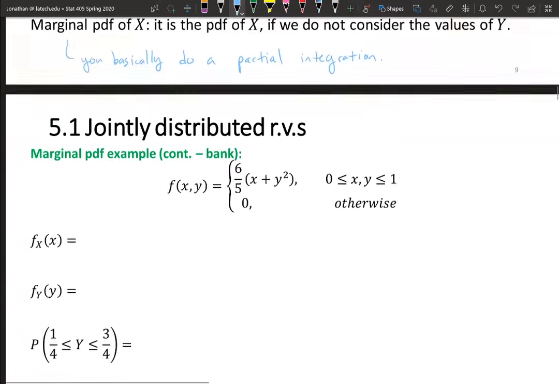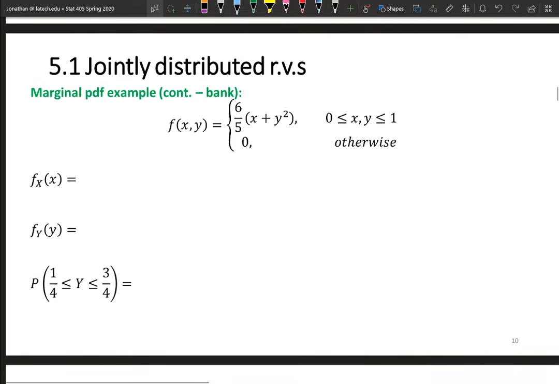Okay, now find the marginal PDFs of the same joint PDF. So the marginal PDF f sub x will be integral 0 to 1 f of xy dy. So that will be integral 0 to 1 of 6/5 times (x plus y squared) dy, which will be 6/5 times (xy plus y cubed over 3) from 0 to 1.